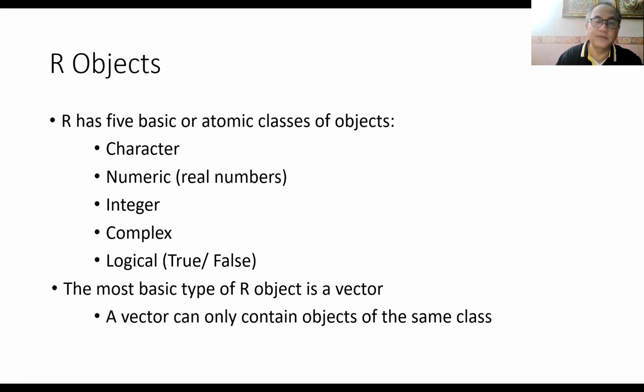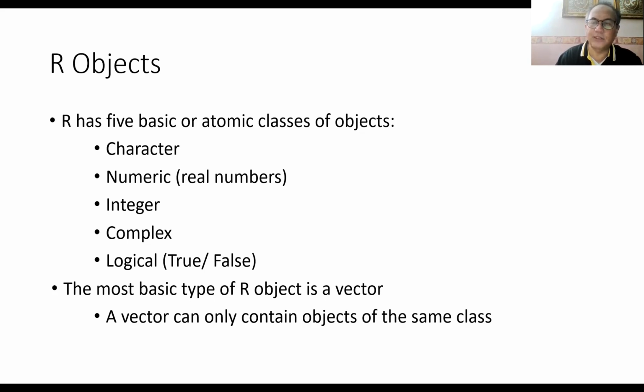So R has these 5 basic atomic objects: character, numeric, integer, complex, and logical. Meaning you can put in a character, A, B, C, D, E, or even 1, 2, 3 as a character. What we learned just now when we talk about data, character is taken as qualitative data.